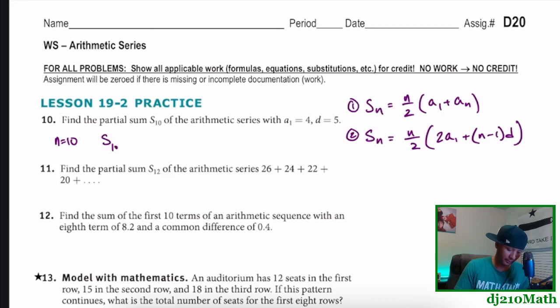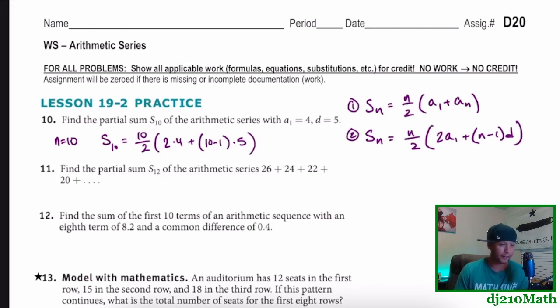Therefore, S sub 10, just plugging in 10 for n: 10 over 2 times 2 times the first term, a sub 1. Well, in this case, a sub 1 is 4. So 2 times 4 plus n, which was 10 minus 1, times the common difference, which is 5.